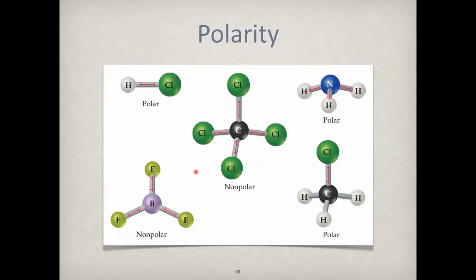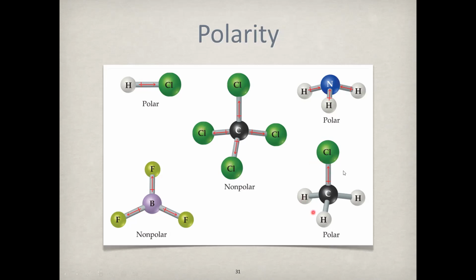So if we look at the few examples we have here, again, the simplest way to check is to see if we have lone pairs on that central atom, and to see if the atoms on the outside are different.